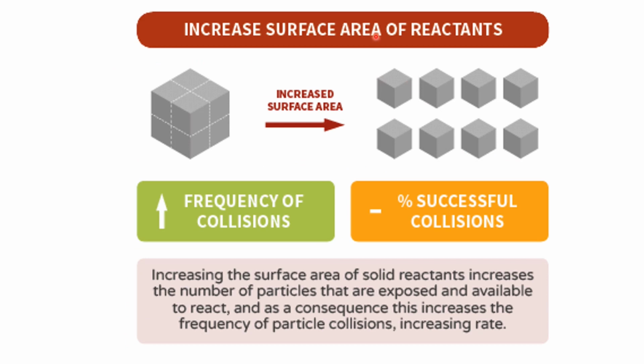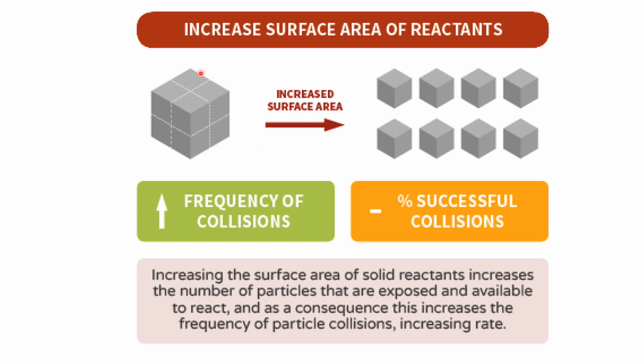The third factor is the surface area of the reactants. Suppose you have a big lump of the reactant. When you do this reaction, there will be fewer collisions of the particles because they are in lumps, and there will be less exposed area through which the reaction might happen.